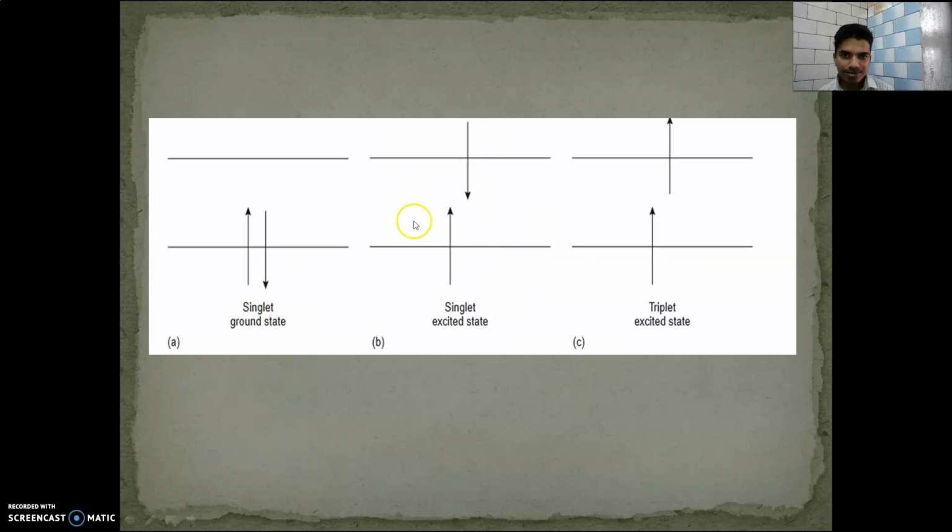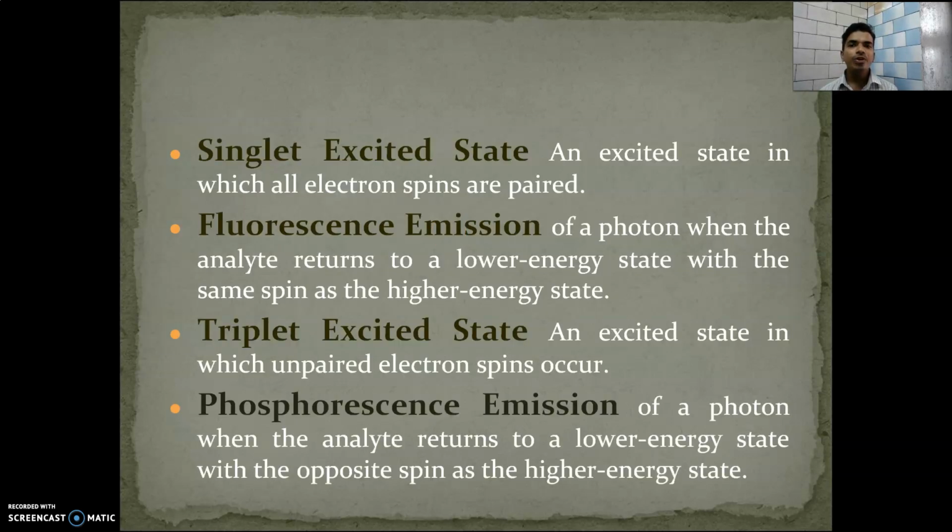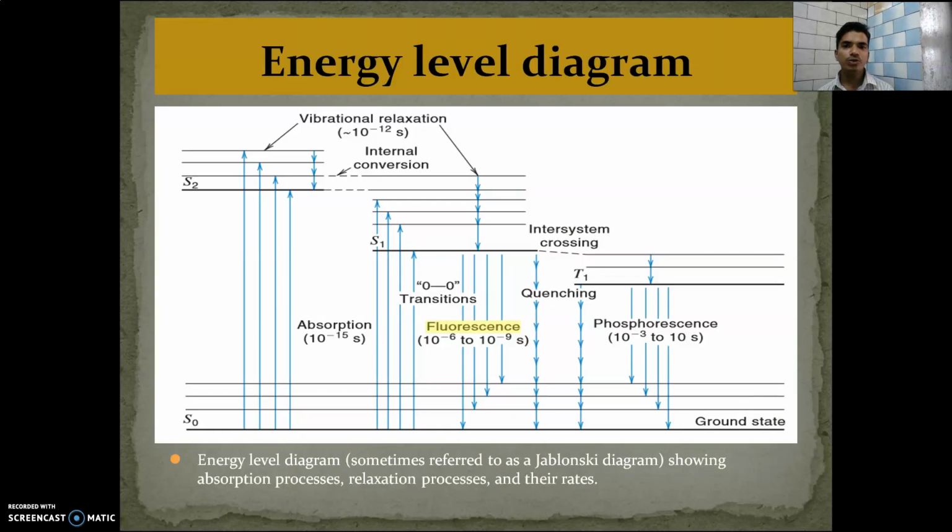Then fluorescence emission is the emission of a photon when the molecule returns to a lower energy state with the same spin as the higher energy state. So the molecule returns to the ground state or lower energy state with the same spin as the higher energy state. This is the fluorescence emission.